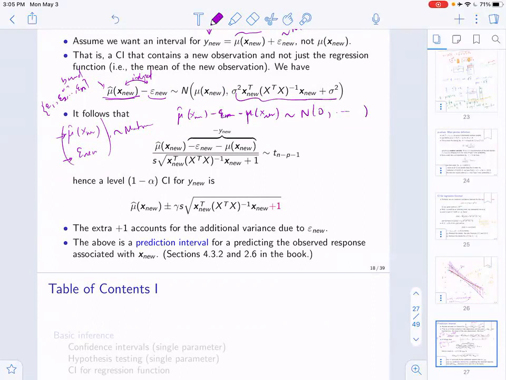And then if I divide by the standard error, because this is 0 mean, I get a t-distribution. So this has a t-distribution. And so this allows me to construct a confidence interval. So this is the center of the confidence interval for y nu. And so what I would get is y nu is within an interval, this plus minus that, with probability 95%.